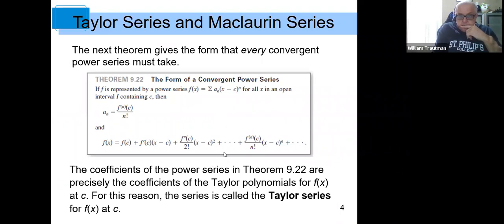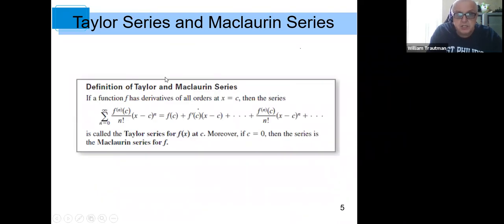And once again, it's really similar to the polynomial forms. All right, so the definition of the Taylor and Maclaurin. Once again, if c equals 0, then we call it a Maclaurin.